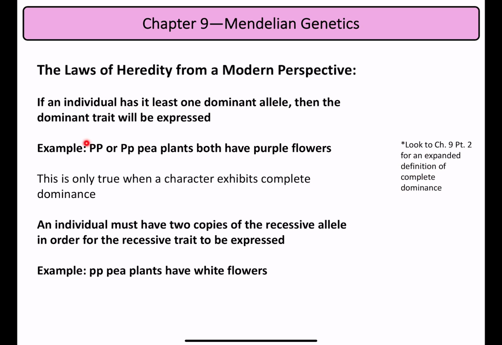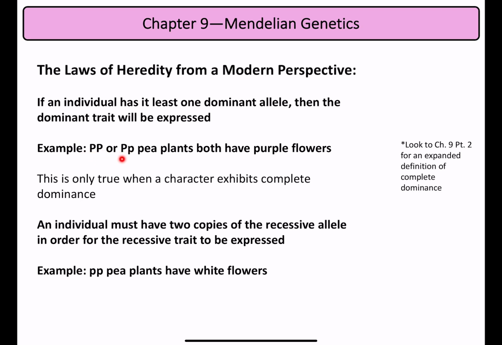Just a more expanded definition of dominant versus recessive. Again, to be considered the dominant allele, like uppercase P, it just means that if you're an individual pea plant, and you have one dominant allele, all you need is one, you're going to be purple, right? You could be heterozygous or homozygous dominant.